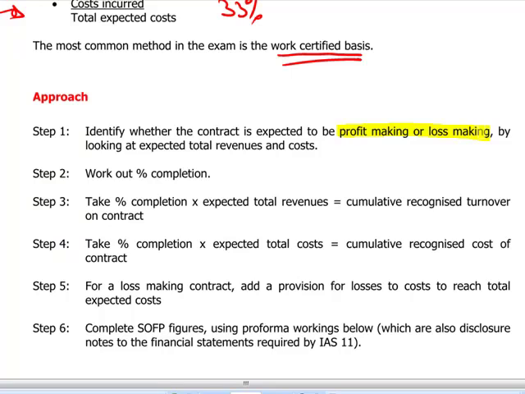Because if it's loss making, I have to book the loss in full as soon as I foresee it. But if on the other hand the contract is making a profit, I am allowed to reflect part of this profit only by reference to stage of completion. And that's why the second step in your exam, once you decide that the contract is profit making, is to work out your percentage of completion.